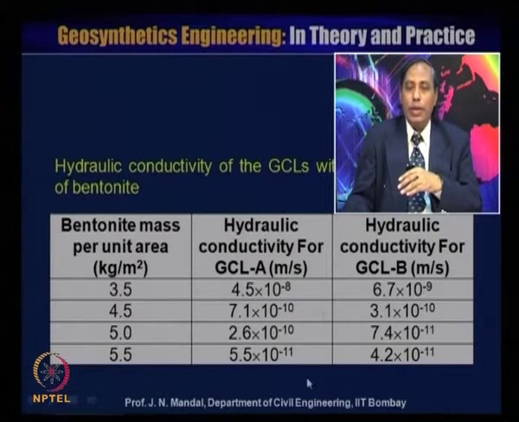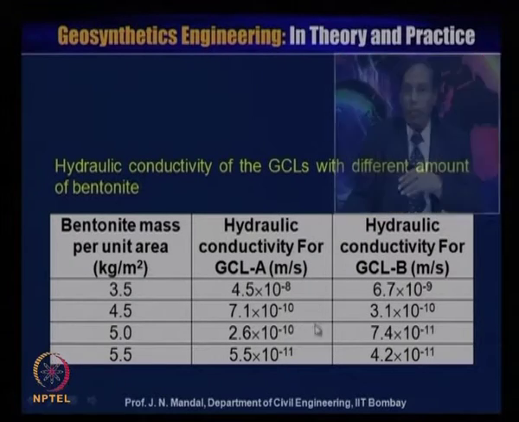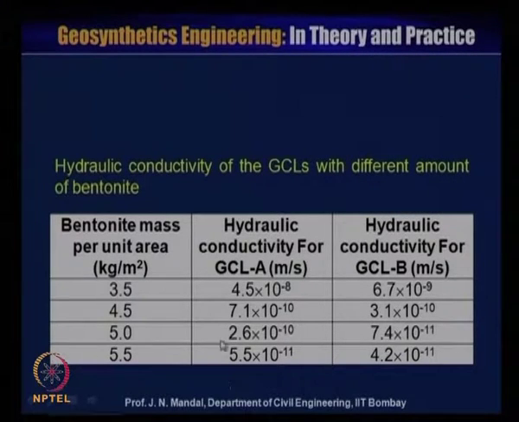You can see how you are having better results with increasing the mass of the bentonite per unit area. So, you can fabricate or develop a geosynthetic clay liner where you require the bentonite, and this sodium bentonite is abundantly available in India.